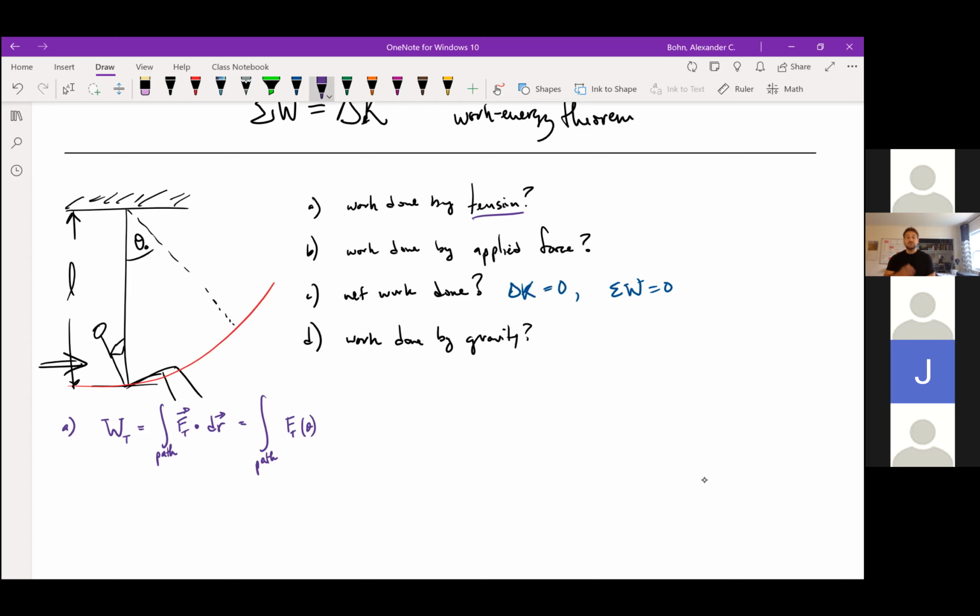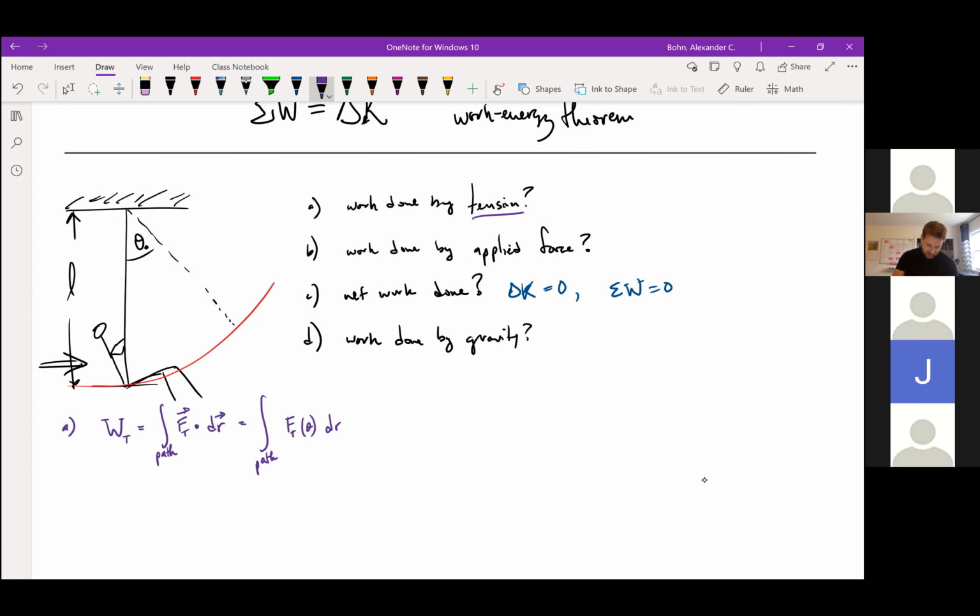The force of tension might have some theta dependence. As we change the angular orientation, maybe it changes. I don't know. The magnitude of the force of tension might change. The size of the steps of the circular arc that we're making, I guess we can keep those constant. But the important part, the dot product asks for the angle between.